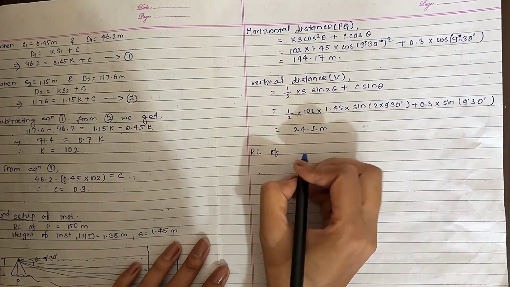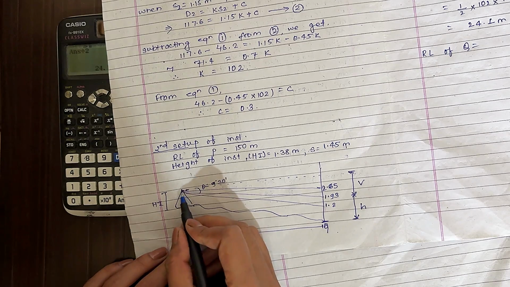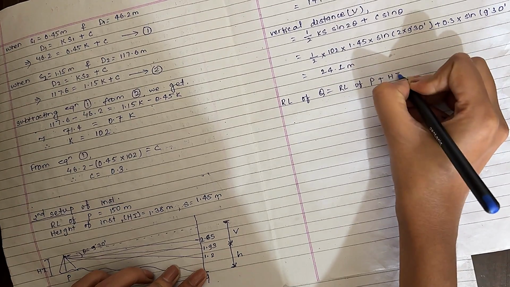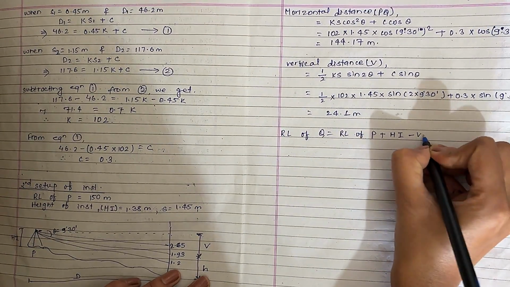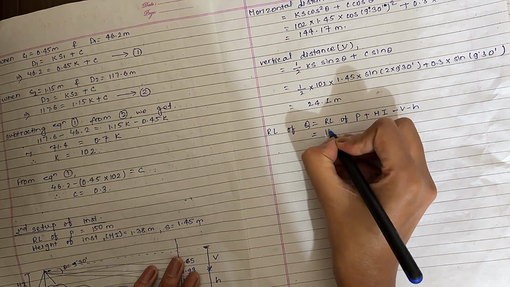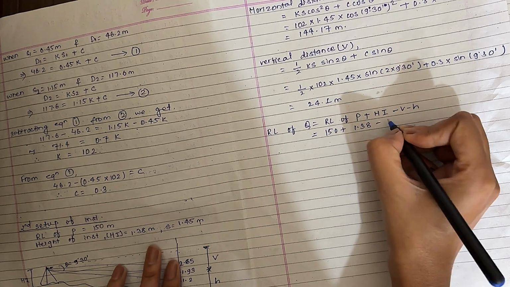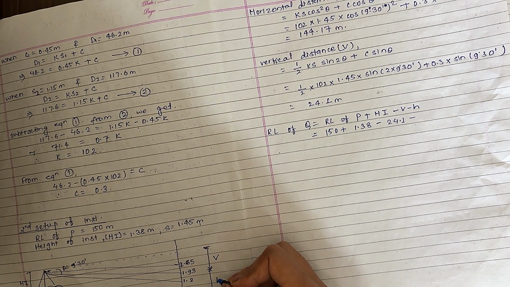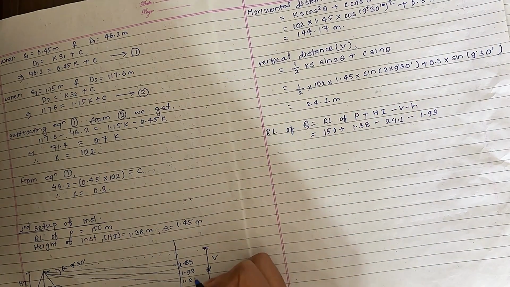For the RL of Q, we have RL of Q is equal to RL of P plus height of instrument, so we will go up to here, minus V minus H. Which is equal to RL of P is 150 meter plus height of instrument is 1.38 minus V, V is 24.1, minus H, which is 1.93, the middle hair reading.